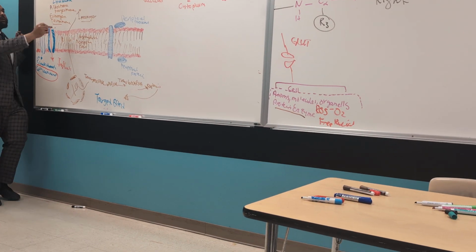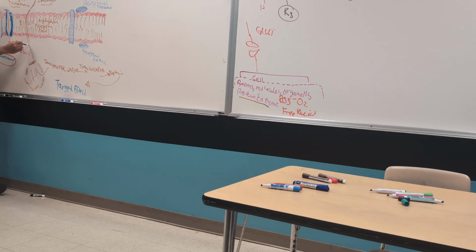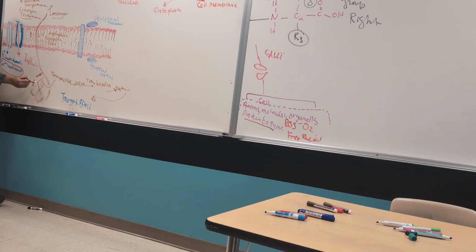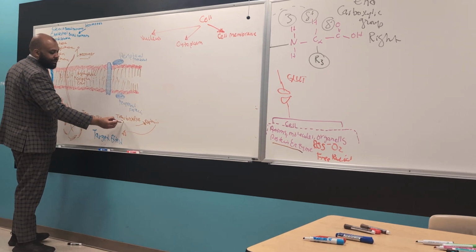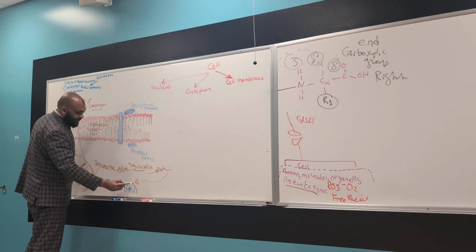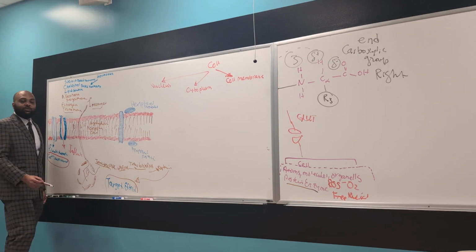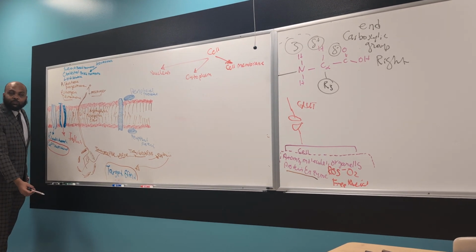So what happens now, this first messenger is welcome to go inside, and it can go all the way to the inside of the nucleus to transcribe the DNA, to give me mRNA, and that mRNA will be translated to give me proteins, and these proteins will give me my target effect. So here you see the first messenger made it all the way through.